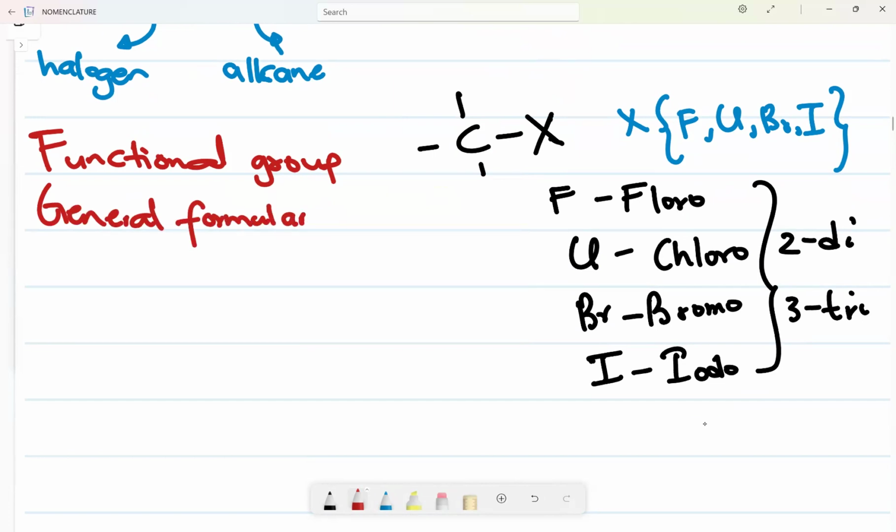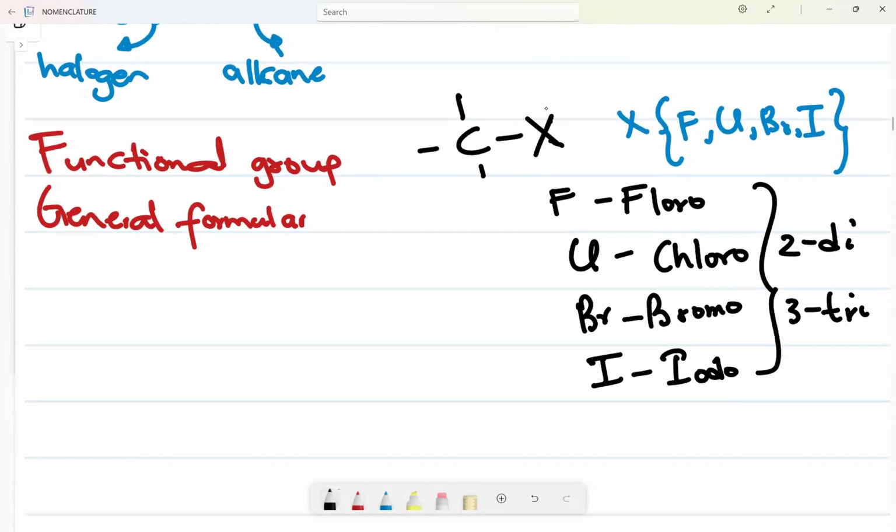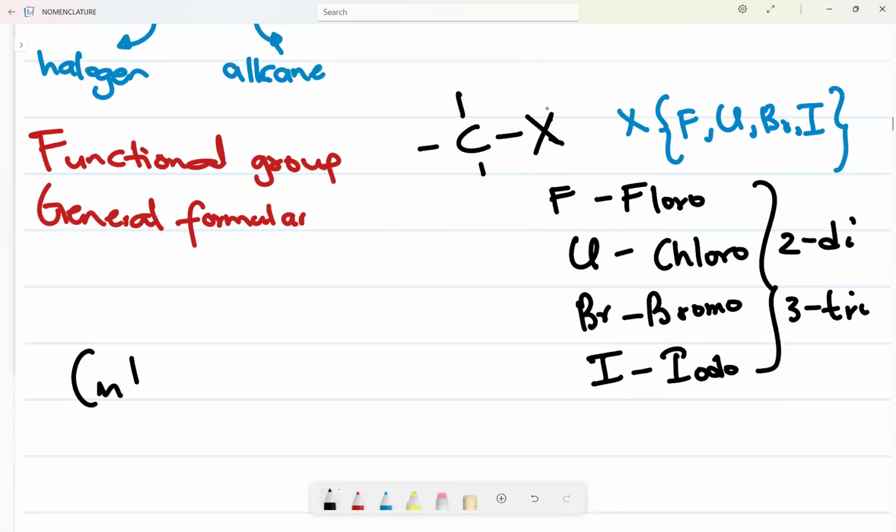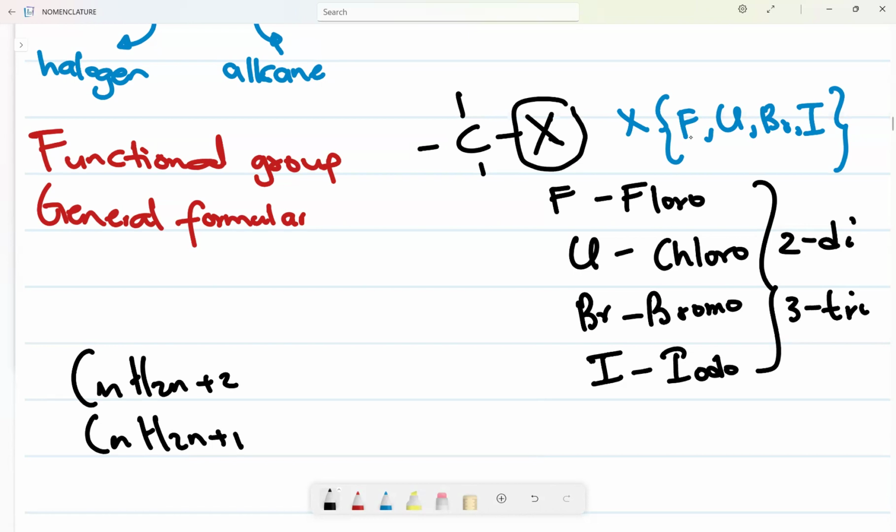This one will be the same as alkane, because we take this haloalkane from alkane. Remember, for alkane, it is CnH2n+2. But instead of plus 2 hydrogens, they removed one hydrogen and replaced it with a halogen.